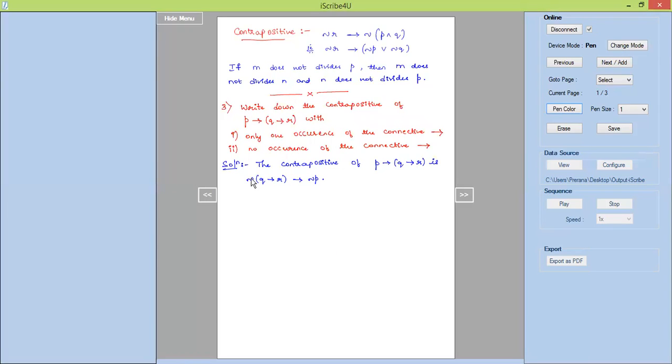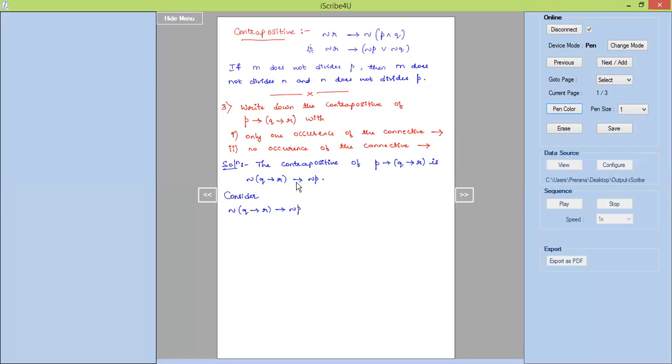Right? Now we consider this expression and prove the requirements 1 and 2, that is with only one occurrence of the conditional and no occurrence of the conditional symbol. Okay, so consider negation of Q conditional R conditional negation P. This is logically equivalent to, it is of the form P conditional Q for us.